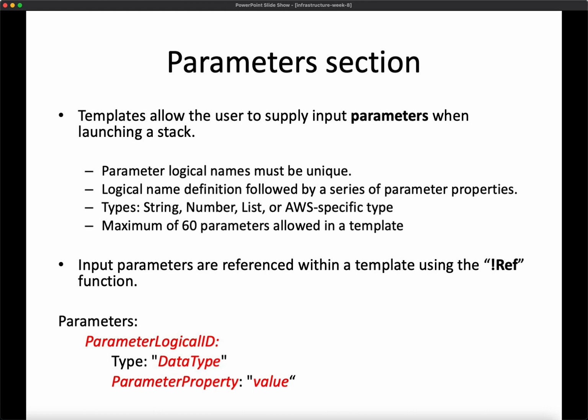And the parameters that we define can have a number of different types. You can have string parameters and numbers. You can have a list parameter that's storing a set of string values. And then there are a few different AWS specific parameter types that you can take advantage of as well.